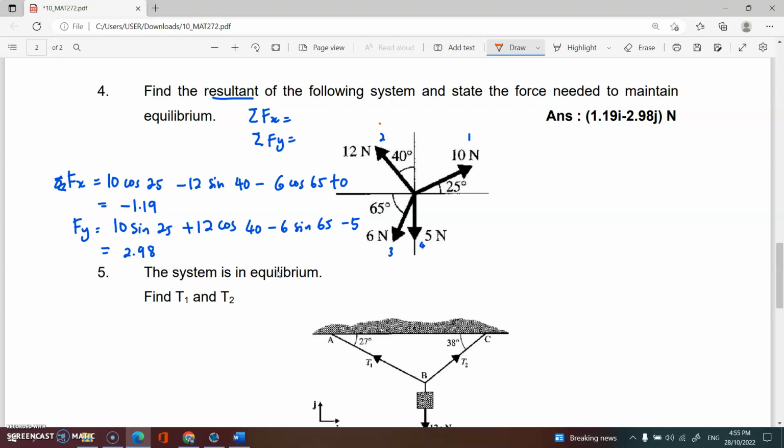So you know that Fx here is negative, and also Fy is positive. If it is negative for the x component, it can be at the second or the third quadrant. But for Fy it is positive, so Fy can be at the first or the second quadrant.